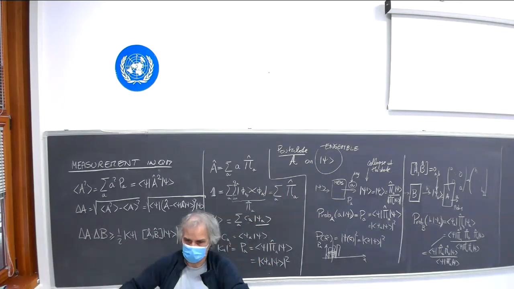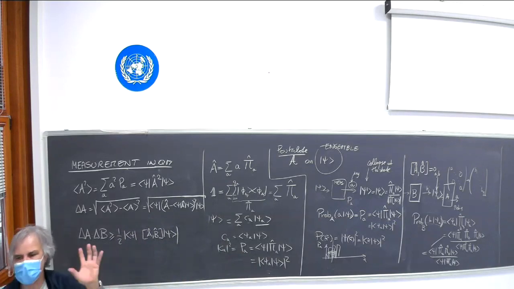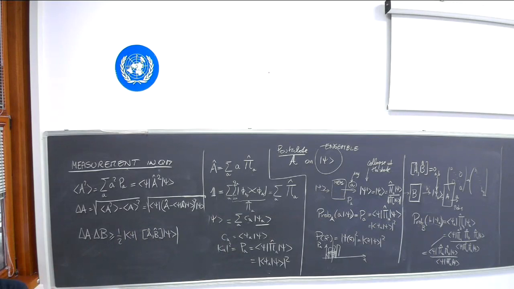But I can do filtering processes which prepare states with 0 uncertainty in the two observables. Okay? For x and p, I will not be able to do it. If I measure the position, okay, I know that something is here, the momentum is completely scrambled. And if I measure the momentum, then I essentially scramble the position.